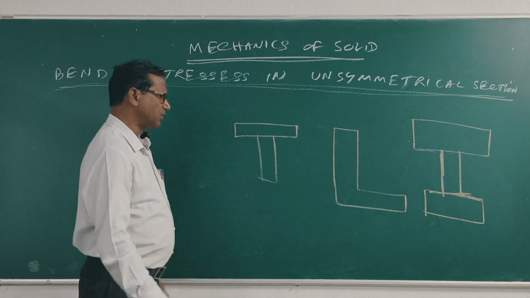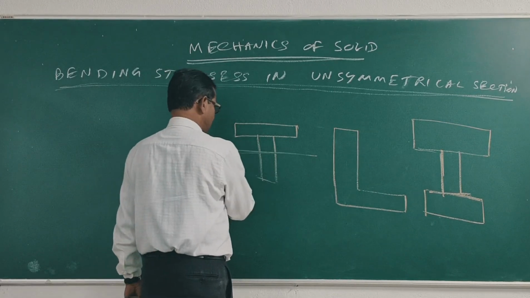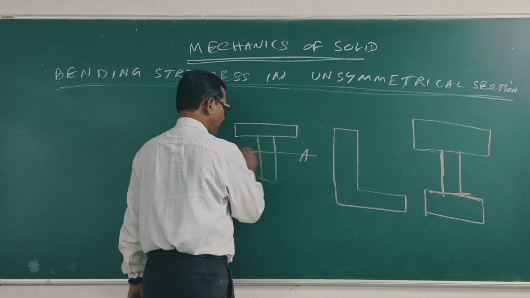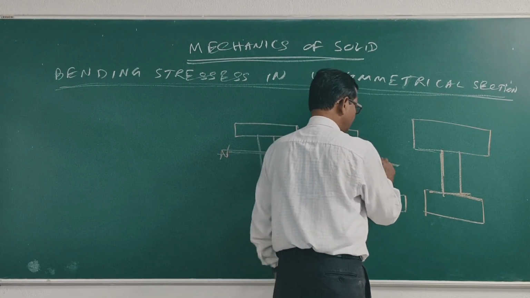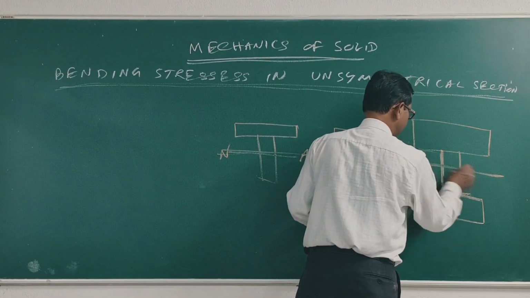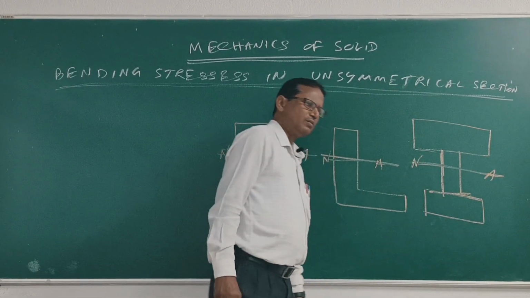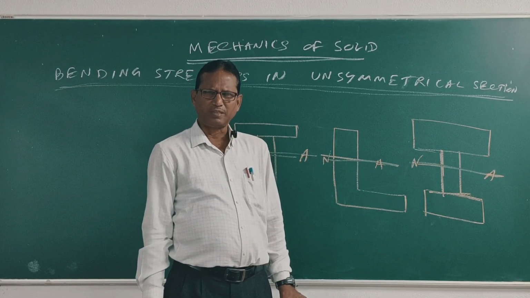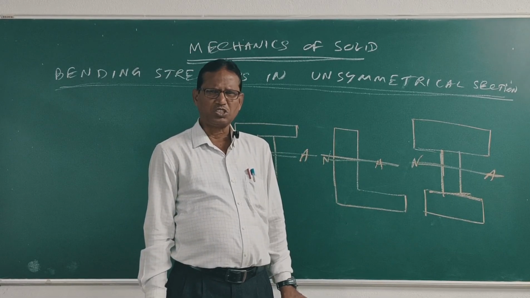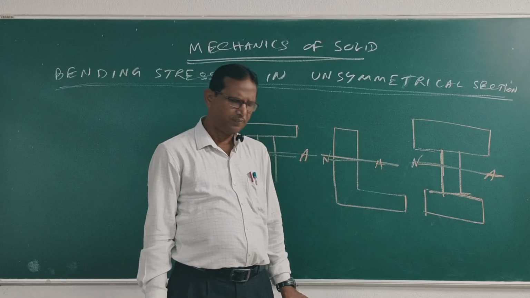Clear? Suppose this is the centroid, this is the neutral axis. This is also the neutral axis. Suppose this passes through the neutral axis. I already told you the neutral axis passes through the CG of the figure. Clear?